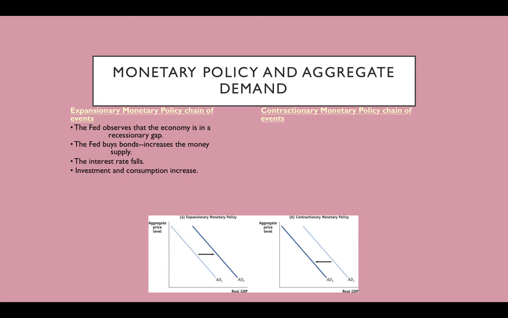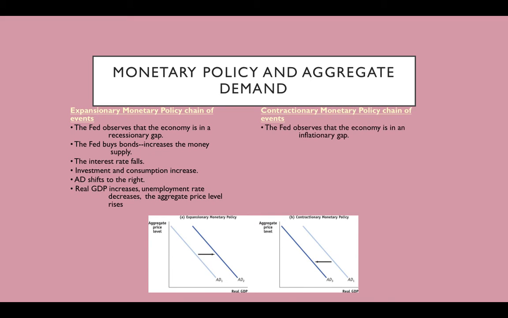When the interest rate falls, investment increases as well as interest-sensitive consumption. Aggregate demand is going to shift to the right. And then from there, real GDP increases, unemployment decreases, and the price level rises. Extremely important that you understand that chain of events.